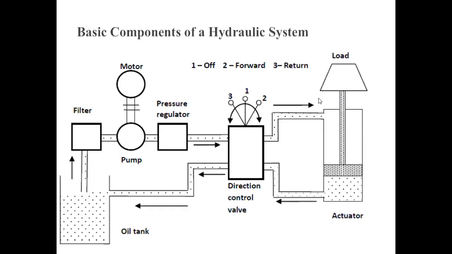Now, as and when we have to uplift the load, we put the position of this lever at point 2. When we move it to point 2, the motor operates the pump, and pump lifts the hydraulic oil through the filter and supplies it through the pressure regulator, and then to the bottom of the actuator.